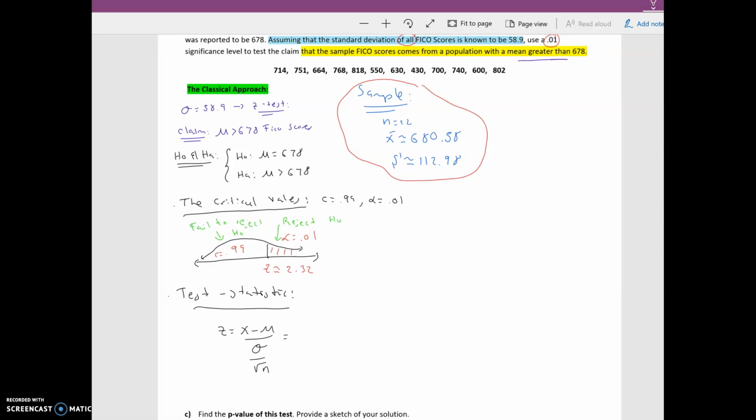So this is going to be equal to the mean of the sample, which was 680.58, minus the mean, which is 678, over the values of sigma. Sigma is 58.9 over the square root of, in this case, 12. So please take a second and calculate this one. We'll compare values in a minute.